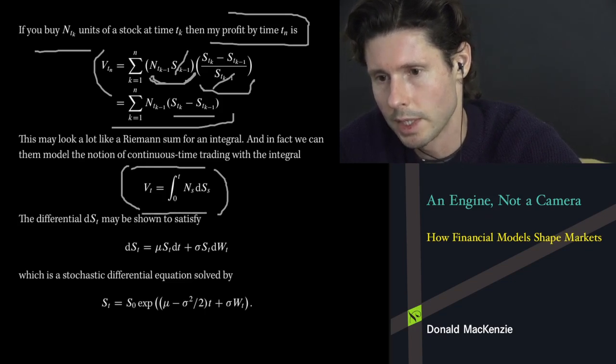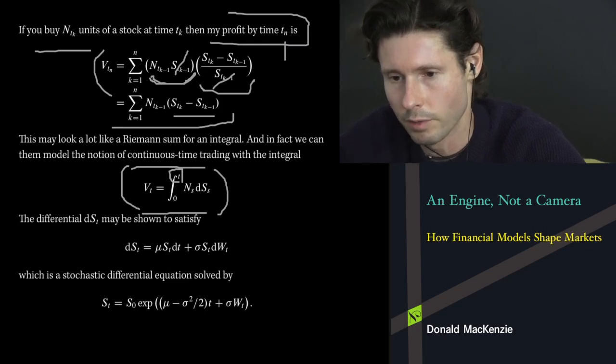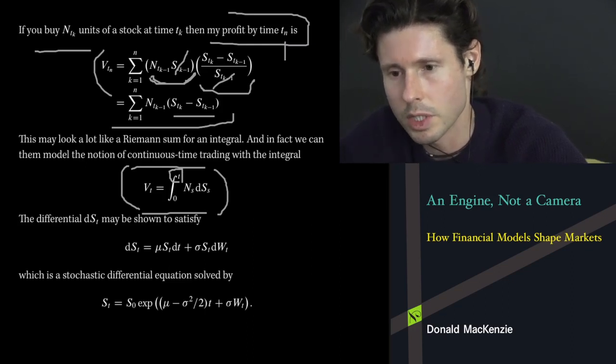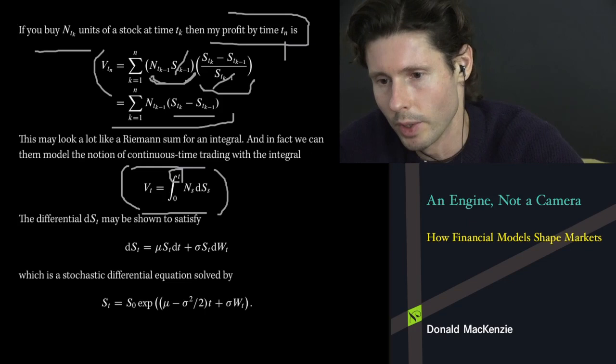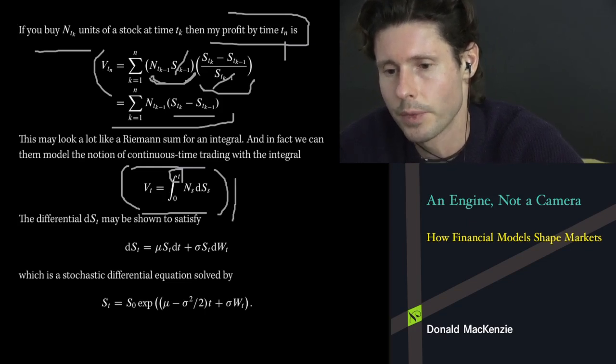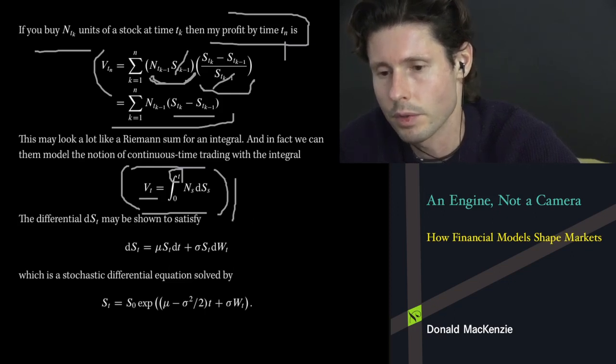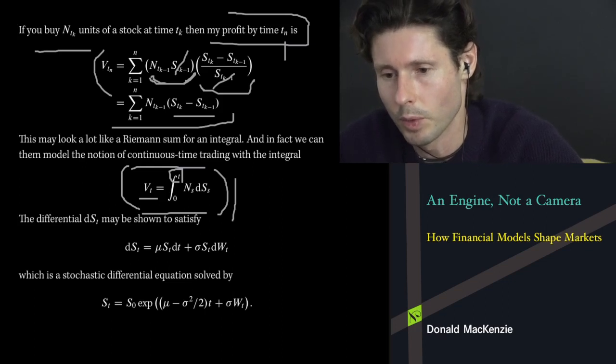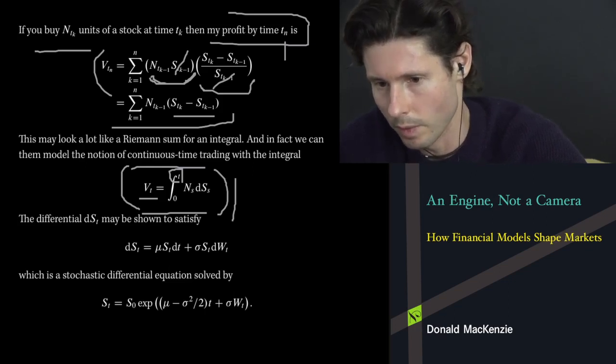So if T_n, as n goes to infinity, approaches t, that's the upper limit of the integral, and therefore the number of trades goes to infinity, you would have the following integral for a continuous time trade, resulting in the profit at the horizon. Horizon is a reference to the final time at which the last trade is executed.